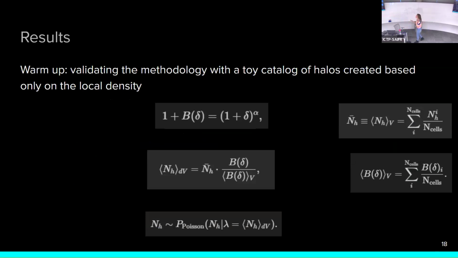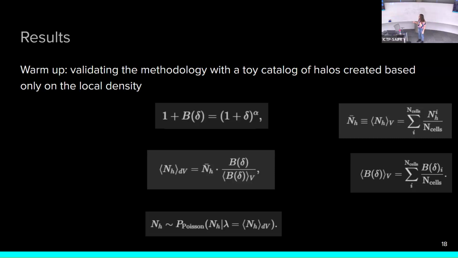Okay, so I'm going to start showing the results, but before, I just want to comment that we did a kind of sanity check. So for this slide, forget about the N-body halos. We took the dark matter density field and we generated our halos with a simplified model. Then we try to reproduce these generated halos with the neural network.